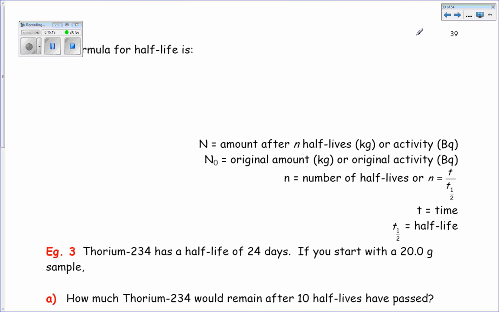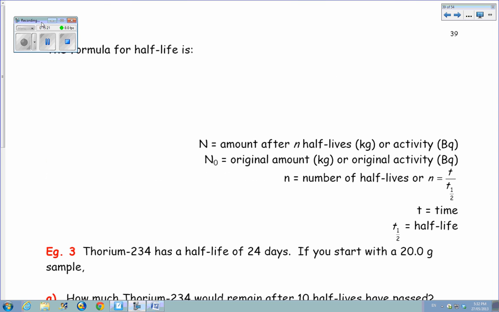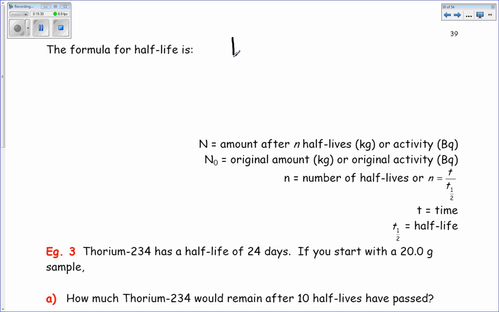Okay, now there is actually a formula for this, and the formula for half-life is, let's see if I can draw this nicely on here, N, which is the amount after n half-lives, or the activity, or the percent left.